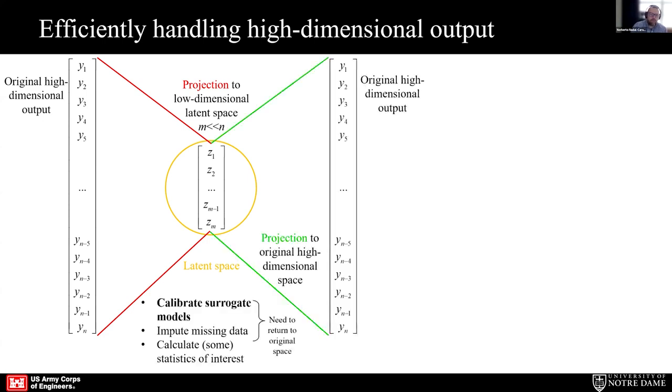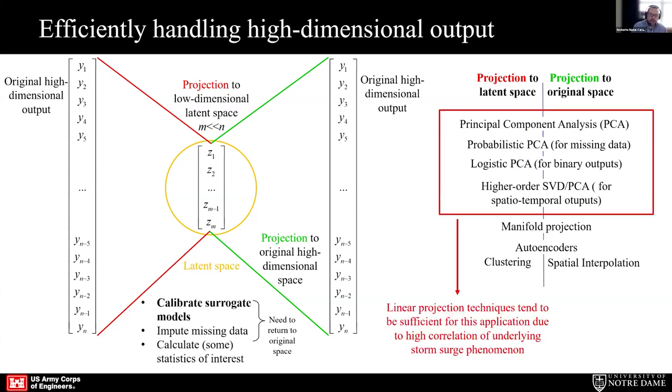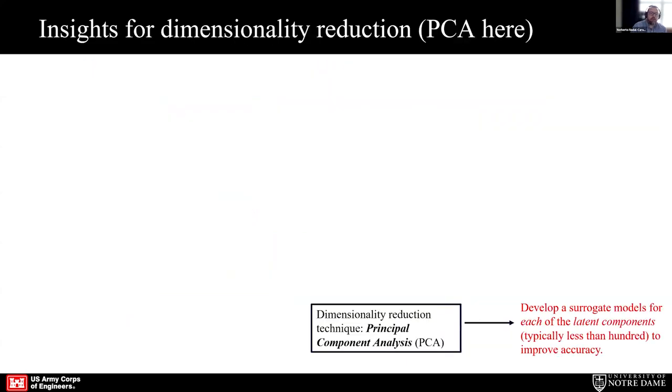And then we propagate or project back to the original space. Of course, we can do this using different projection schemes. In our case, we have a strong preference for PCA, for example, linear projection techniques, because these have been shown to be sufficient due to the high geospatial resolution of the underlying output, in this case, the storm surge.